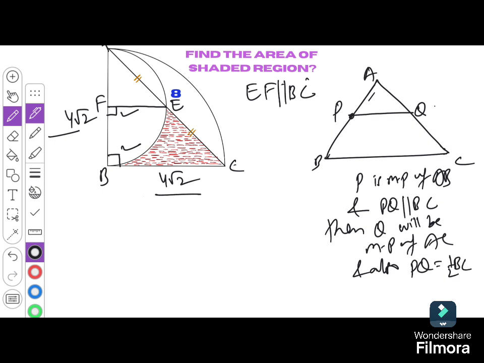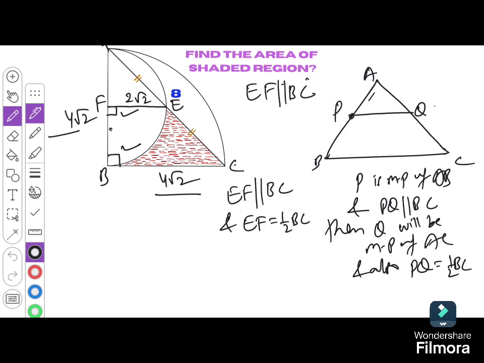So by the converse of the midpoint theorem we know two things. First, EF will be parallel to BC, and second, EF will be half of BC. BC is already given as 4 root 2, so this will be 2 root 2, half of BC.